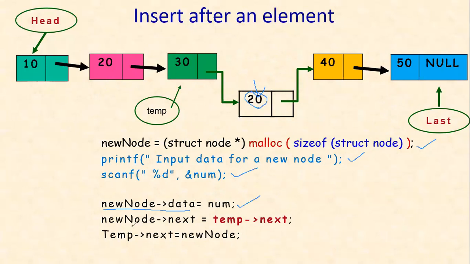Then what is new node next? New node next means the address part of the new node. Okay, so I am writing new node next is equal to temp next. Here temp is pointing to this, so the previous temp next value is nothing but the address of this, because this connection, which I am showing using this line, is already existing.